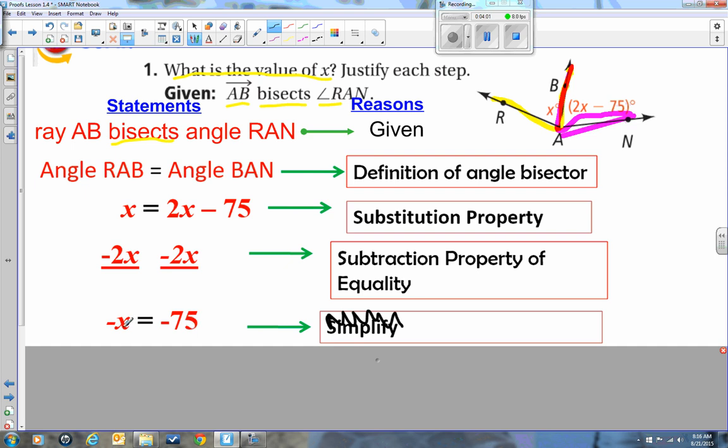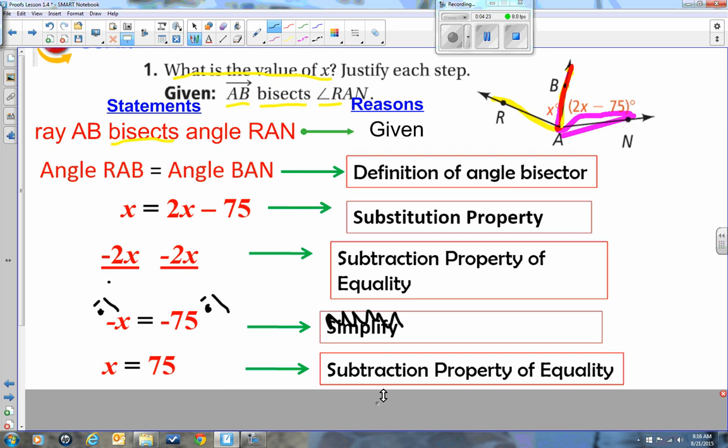Negative x, how can I change that to be a positive x? If I multiply it by a 1, and I multiply this side by a 1, wait a minute, how about a negative 1? If I multiply both sides by a negative 1, I will get a positive x and a positive 75.